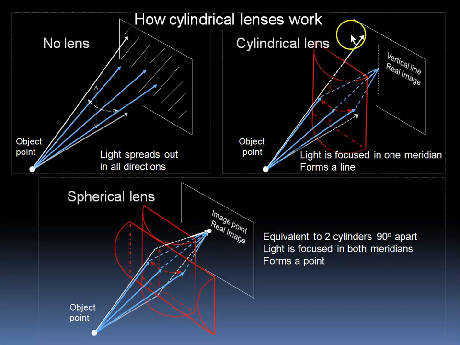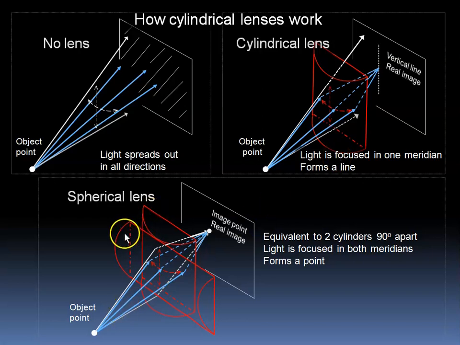But light that spreads out in the vertical plane is unaffected. The effect is to give a vertical line instead of a point on the screen. The line is typically parallel to the long axis of the cylinder, as shown here.